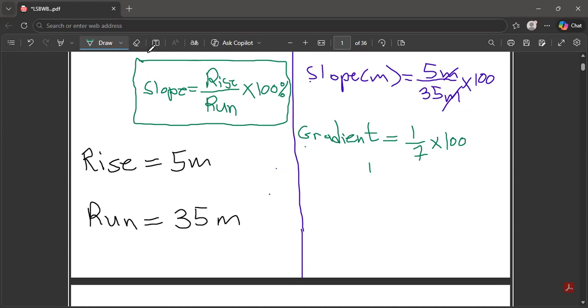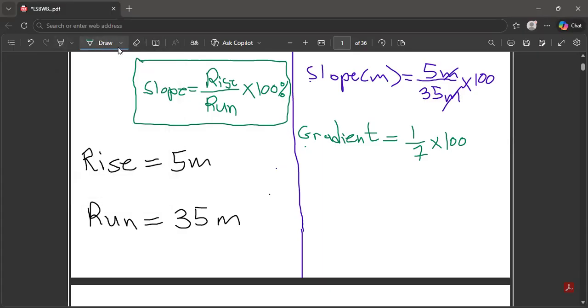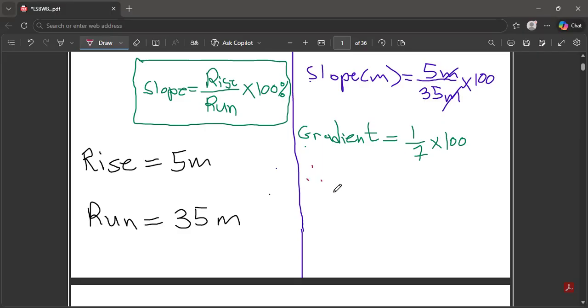But you can just maintain 2 decimal places. So finally, we can say that, therefore, our slope is equal to 14.28.